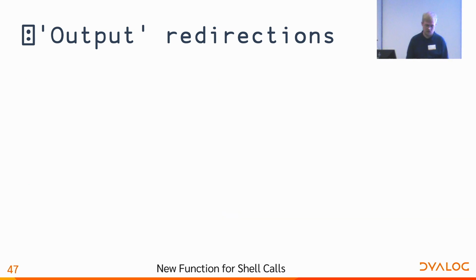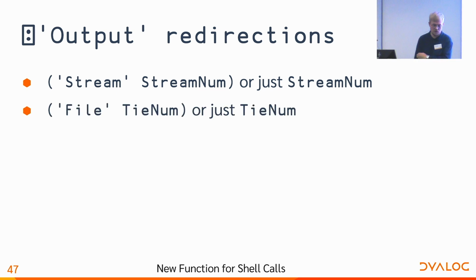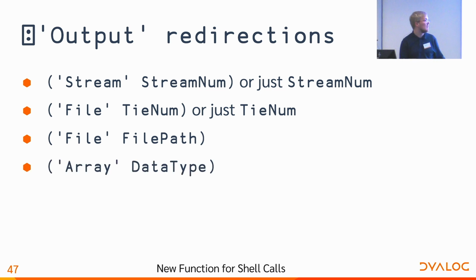Quite a few of them, actually. So you might say some stream goes to another stream, like we do with standard error, or that it goes to a file that you have tied with quad-entie. It goes to a file that you have just named by some path, or that it goes to an array, and that just means that it will appear in the result. And the data type could be, for example, 83, and you pick it up as bytes.